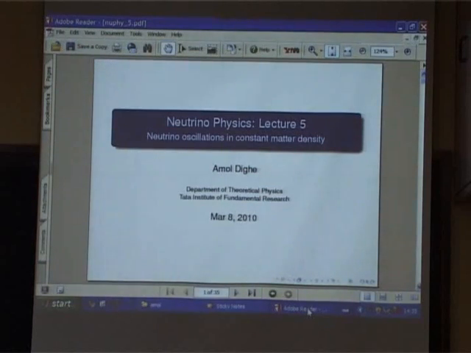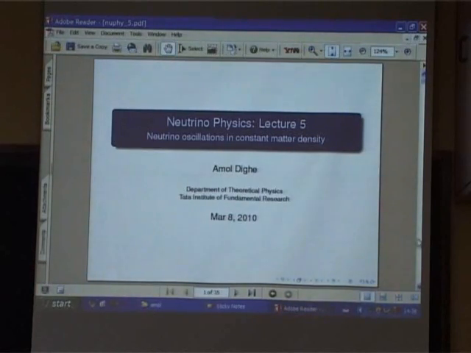Then we let them propagate. When they propagate, they gain some phase depending on the mass, and finally we see them interfere. So this is the straightforward idea of vacuum oscillations. Where we want to reach today is a place where we can talk about neutrino oscillations when they pass through matter, matter of constant density.